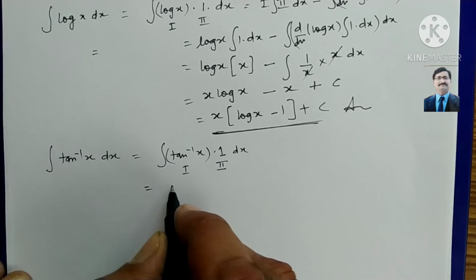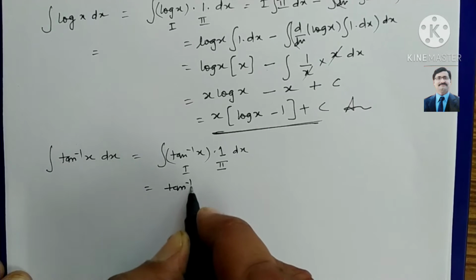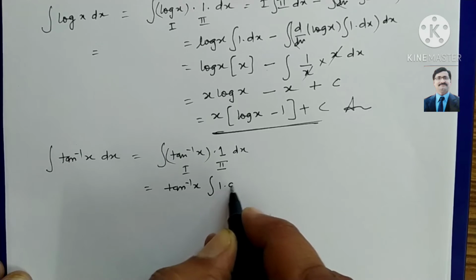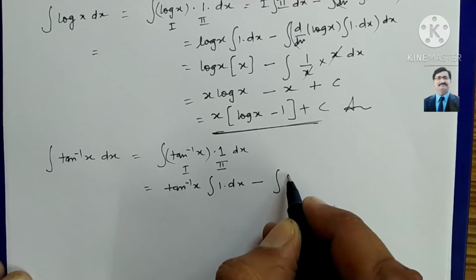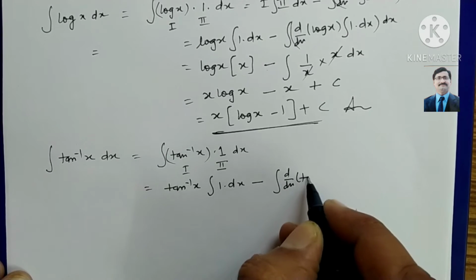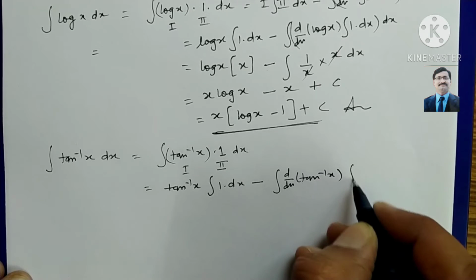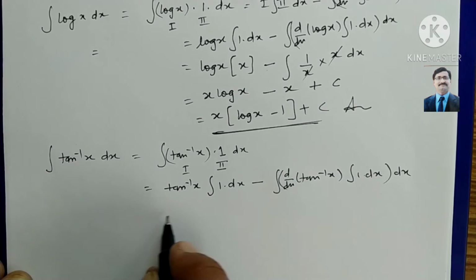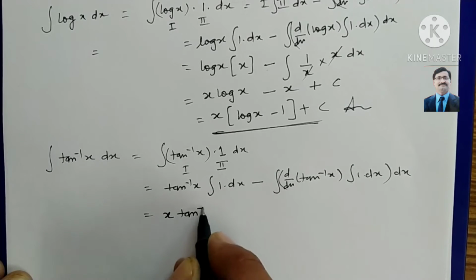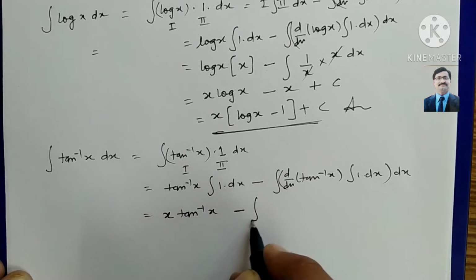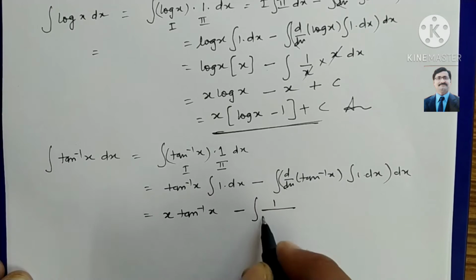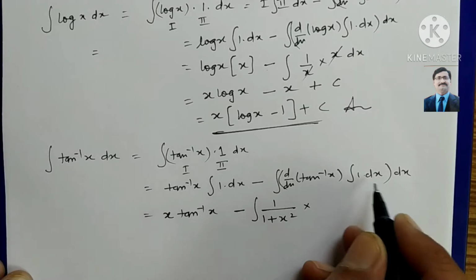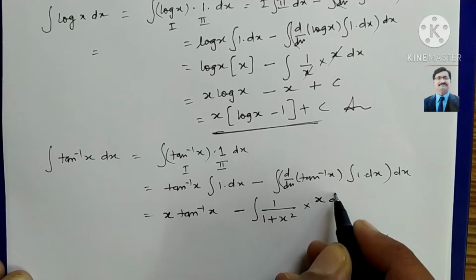So we write tan inverse x as it is, integral of 1 dx, minus the differential of tan inverse x and integral of 1 dx, and whole dx. Now the integral of 1 is x, so we can write x tan inverse x minus, the differential of tan inverse x is 1 upon 1 plus x square, integral of 1 is x, dx.